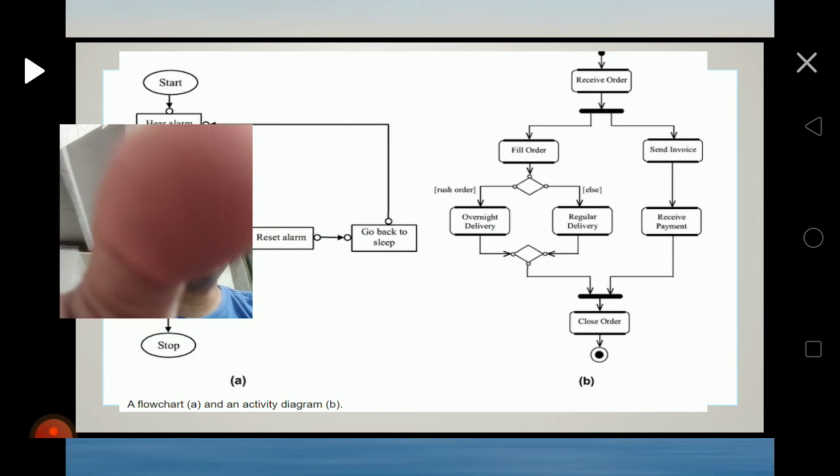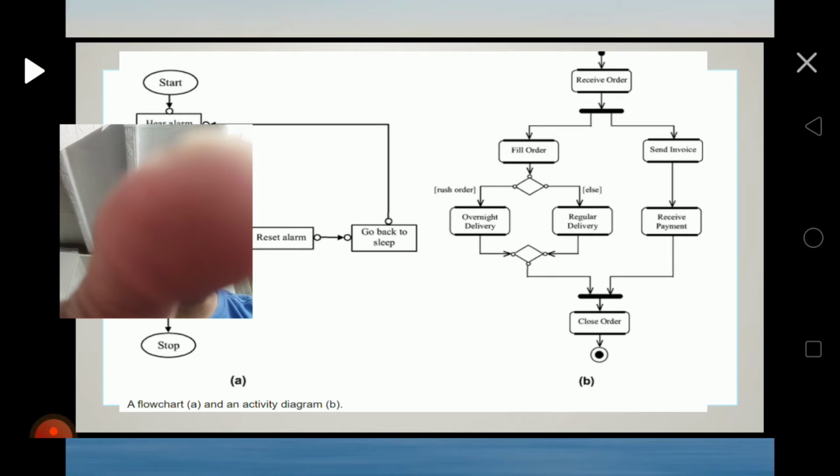And for the activity diagram, an example here started with receiving an order, and then filling an order. Then, is it a rush order? If so, overnight delivery, else a regular delivery. Then you have to close the order.